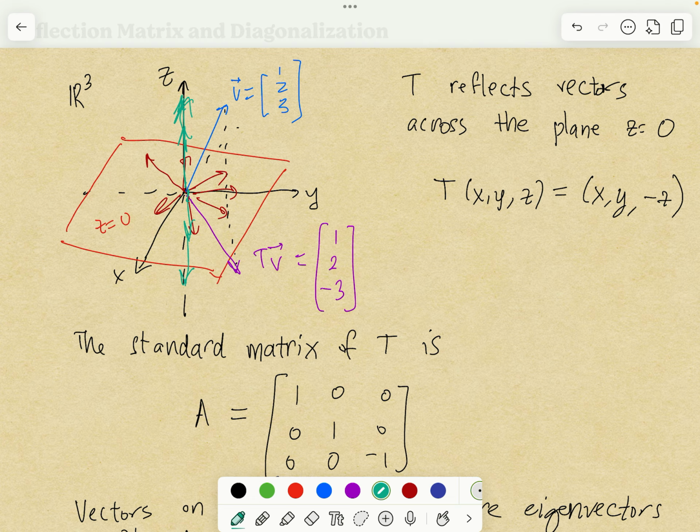Because what's going to happen with a vector on the z-axis? Those vectors on the z-axis are just going to get reflected, but they're still going to stay on the z-axis. So those vectors are eigenvectors.